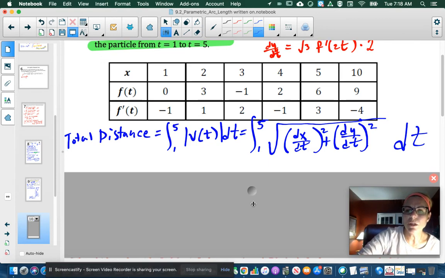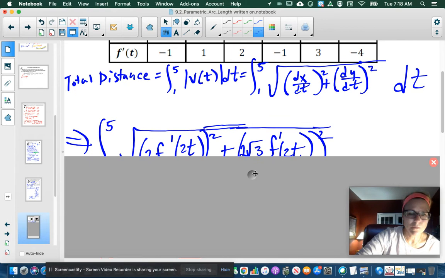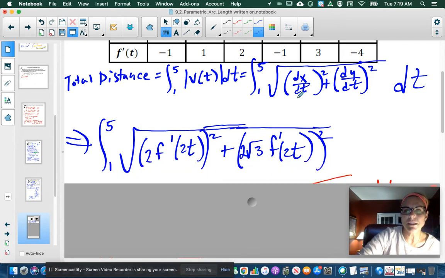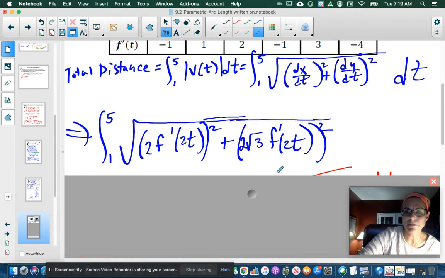So I'm going to plug in what I know. I'm in the wrong spot here. All right. dx over dt was given above. dy over dt I found above. I'm plugging those in.